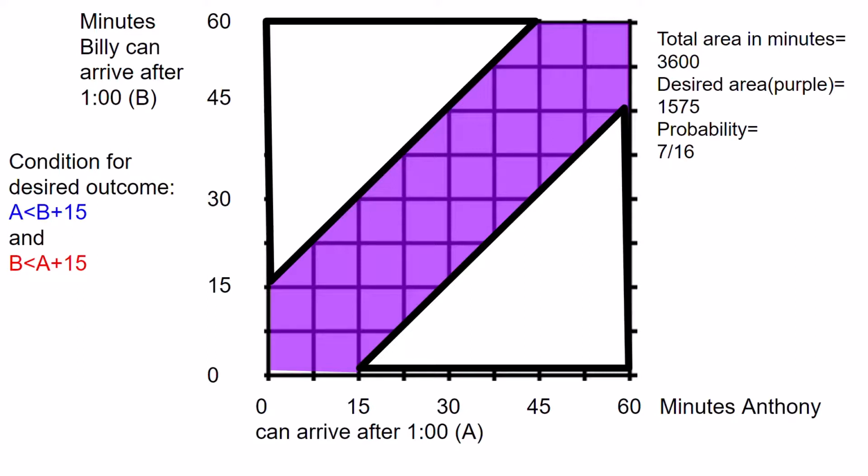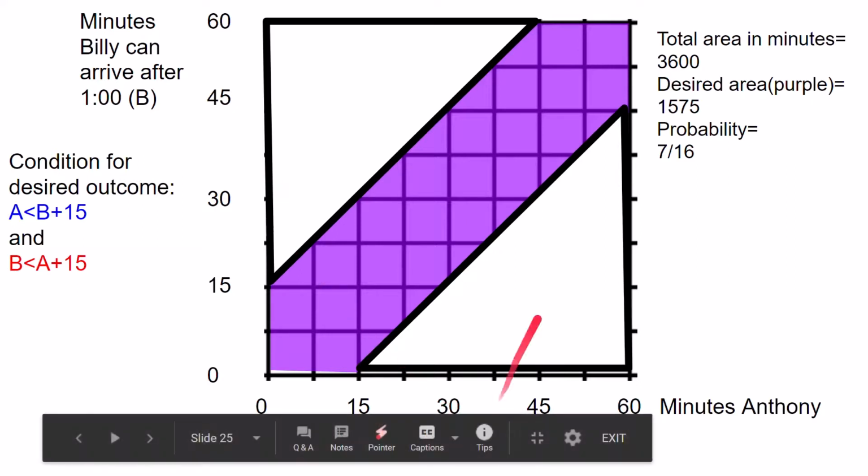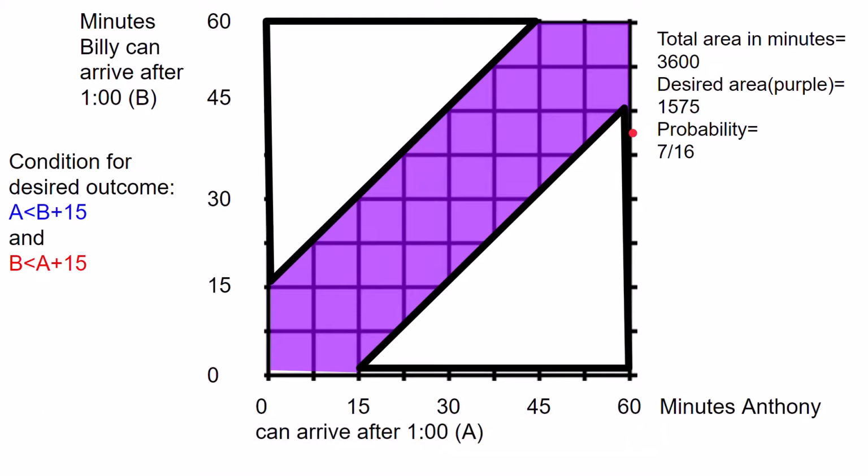Keep in mind that when we do this, we want to keep the units the same. So we could have multiplied 1 times 1 for the total area, where it was in terms of hours, but then we would have had to do the same for the desired area.